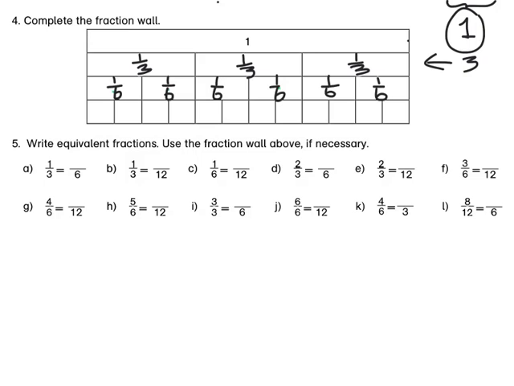Also, if you look, this is equal to 1/3. Now directly beneath it, 1/3 divided into 2 equal parts means that you are left with sixths. There are 2 sixths that make up 1/3. Lastly, we have now divided our one row from here all the way to there into 12 equal parts. We are working with twelfths.